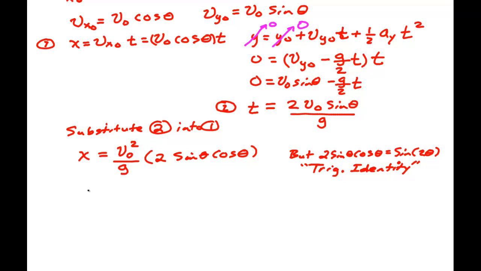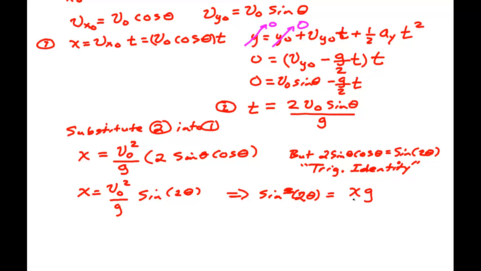Now, using that, I then plug this in and say x is equal to v naught squared over g sine of 2 theta. I want to solve for the sine of 2 theta. So therefore, the sine of 2 theta is equal to xg over v naught squared.